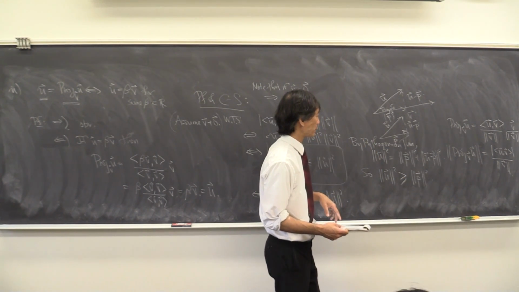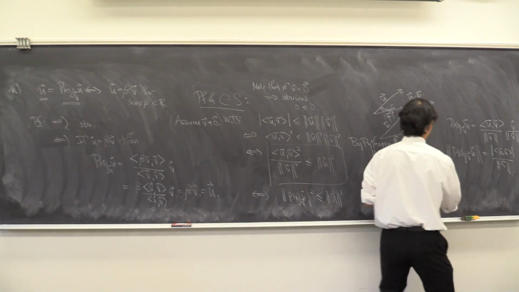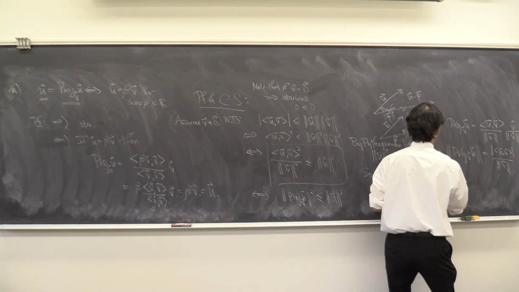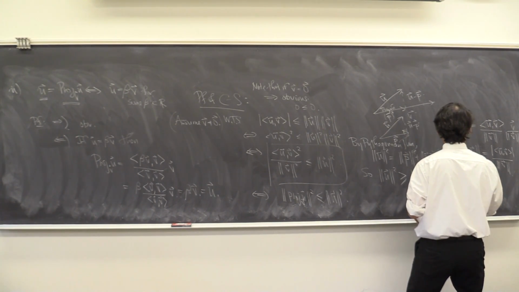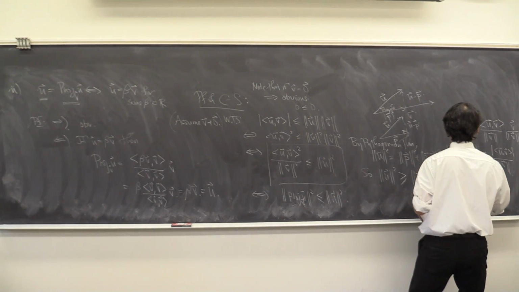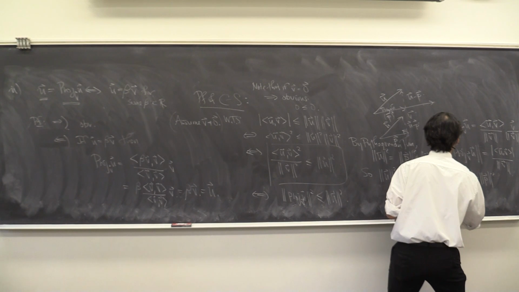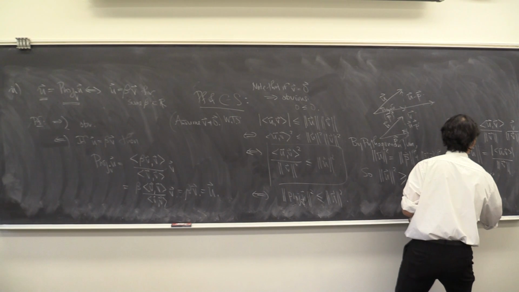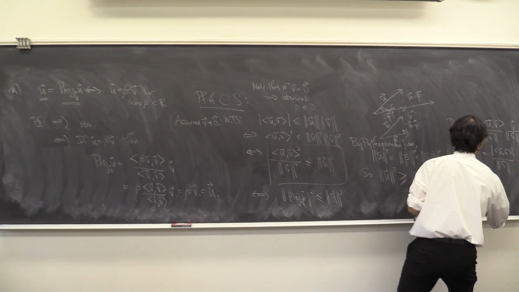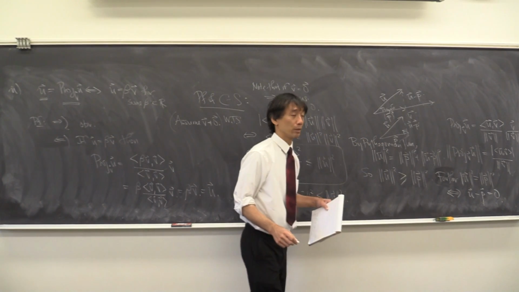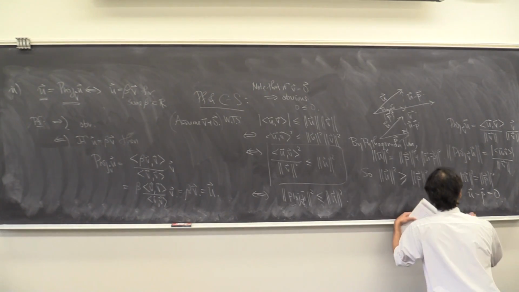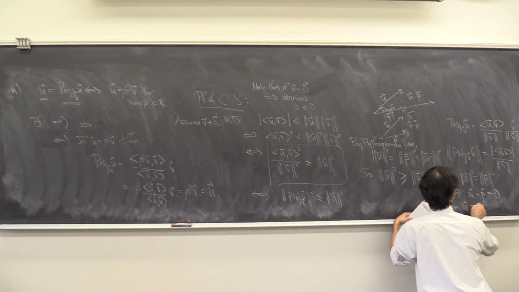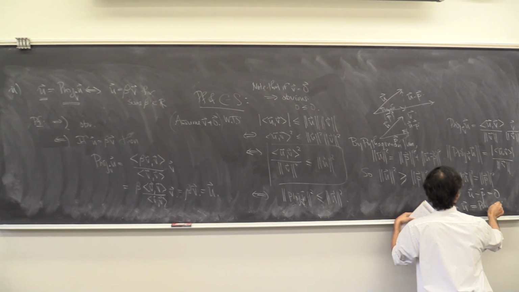Further, u squared equals p squared if and only if u minus p is 0, in other words, u is the projection of u onto v.